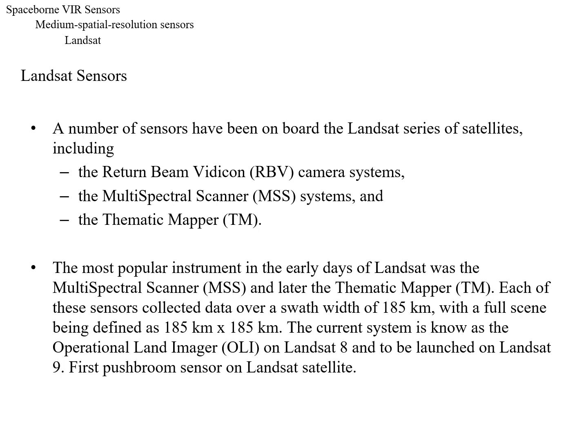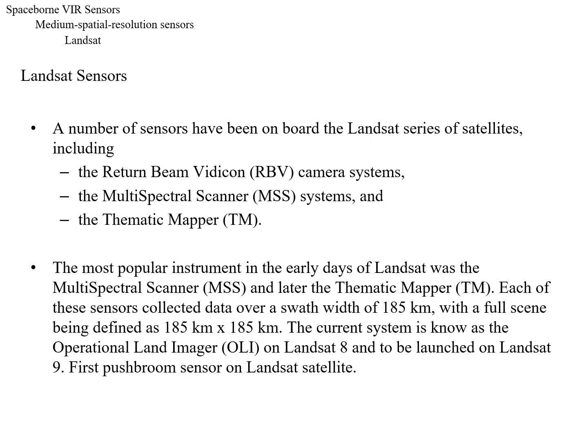There have been a number of sensors on the Landsat series of satellites. Until Landsat 8, those were the Return Beam Vidicon, which was basically a TV camera pointed at the Earth. That's the sensor that they thought was going to be the main sensor, so this would be on like Landsat 1.